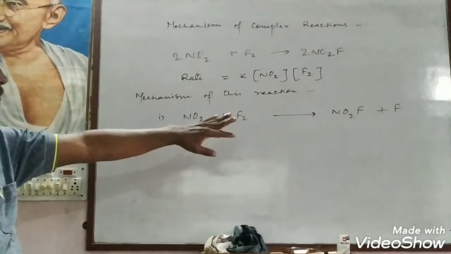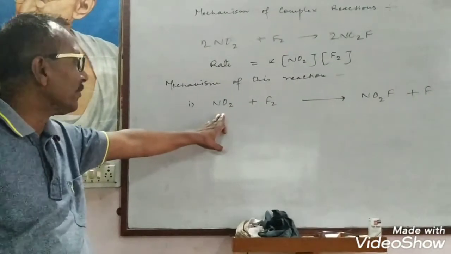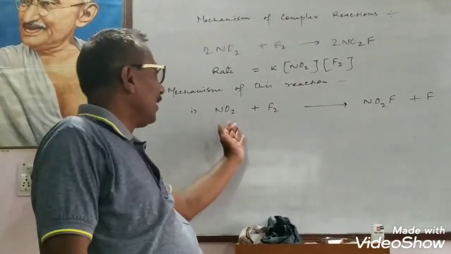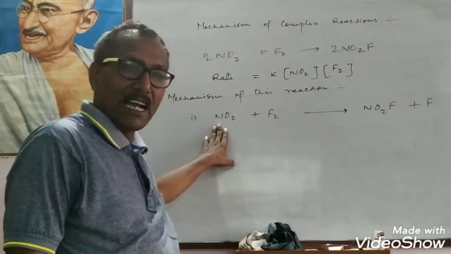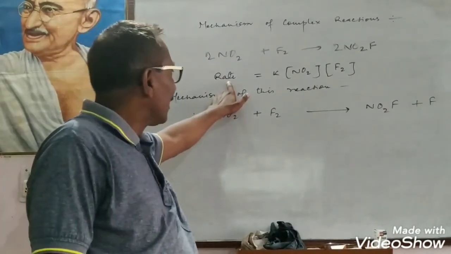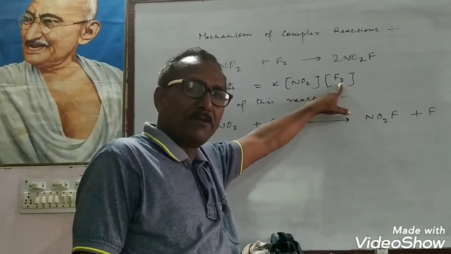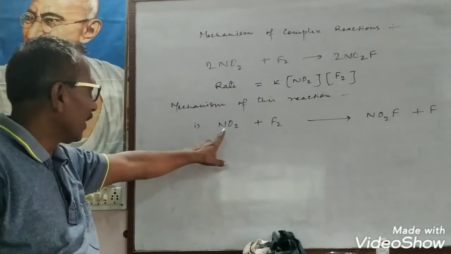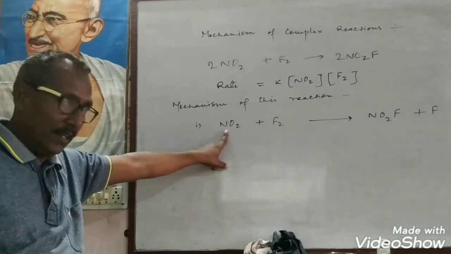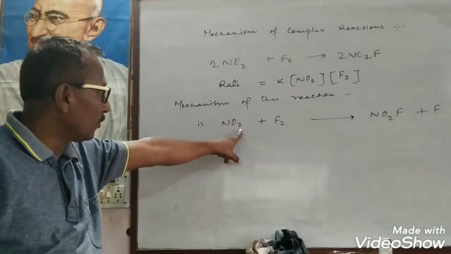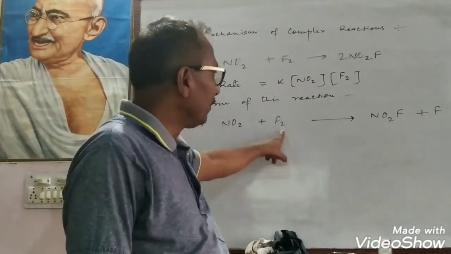Here we don't have to balance this reaction by taking any balancing factor in the reactant, because in rate law 1 mole of NO2 and 1 mole of F2 are used. That's why here I have taken 1 mole of NO2 plus 1 mole of F2.